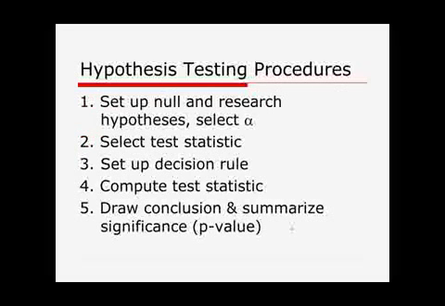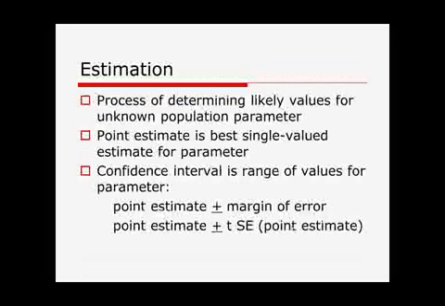Okay, so that's how we go about it. Let me just back up to this. When we do estimation, we generate confidence intervals. Now, in an election year, we have pollsters who are taking polls all the time and looking at the likelihood that certain groups of people in a certain area or of a certain background are going to vote for a particular candidate.